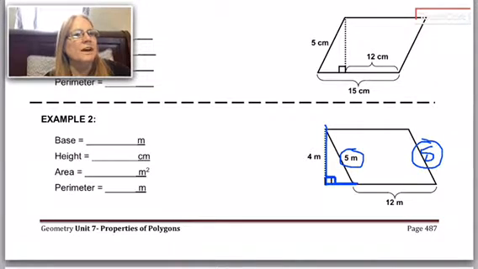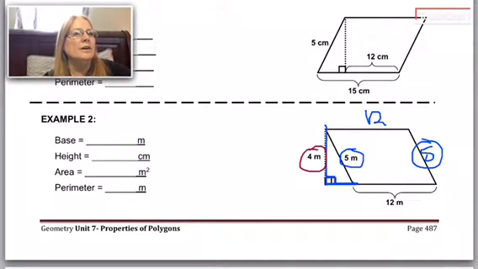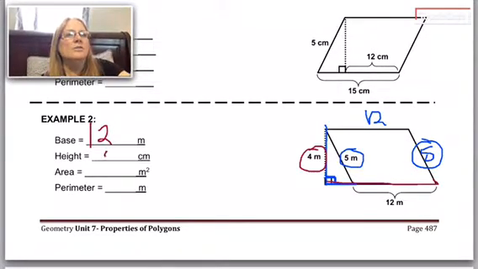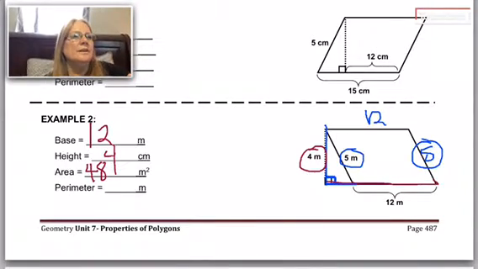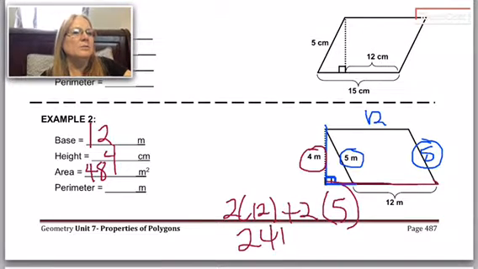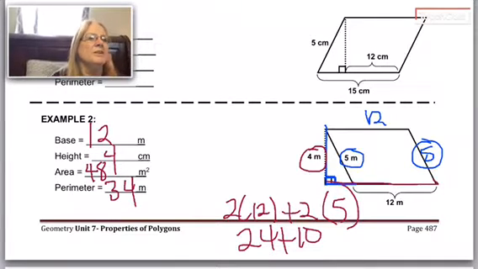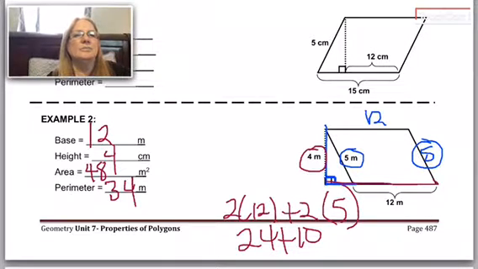The sides are 5, this is 12, but the height is 4, and it is drawn to the base of 12. So 12 times 4 is 48. The perimeter is 2 times 12 plus 2 times 5, so 24 plus 10 is 34. Just be very careful about what is the side of your parallelogram and what is the height of your parallelogram.